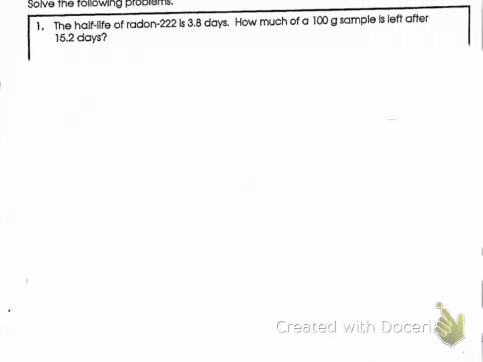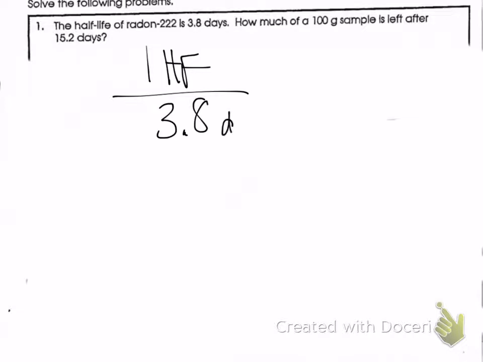So let's put this into practice. This was your paper. If you don't have this paper, you can go ahead and write down and copy the question, but this was in your handout. The half-life of radon is 3.8 days. How much of a 100-gram sample is left after 15.2 days? So there's a ratio in here, and the ratio is that for every 1 half-life, we have gone 3.8 days.